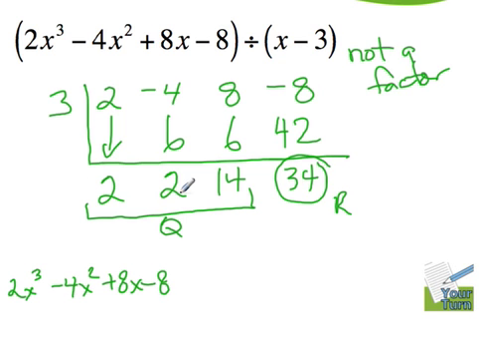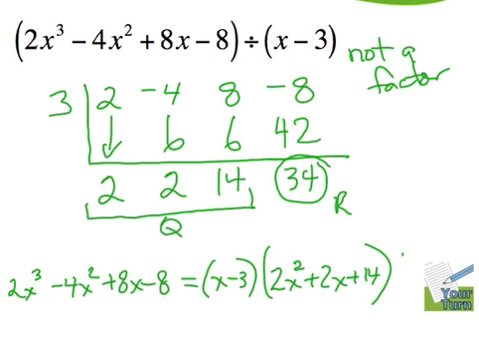Taking the results from my division here, I could say that this is equal to, the 3 turns into x minus 3. And this bottom stuff, since this was a 2x cubed, this will be a 2x squared. 2x squared plus 2x plus 14 with a remainder of 34.